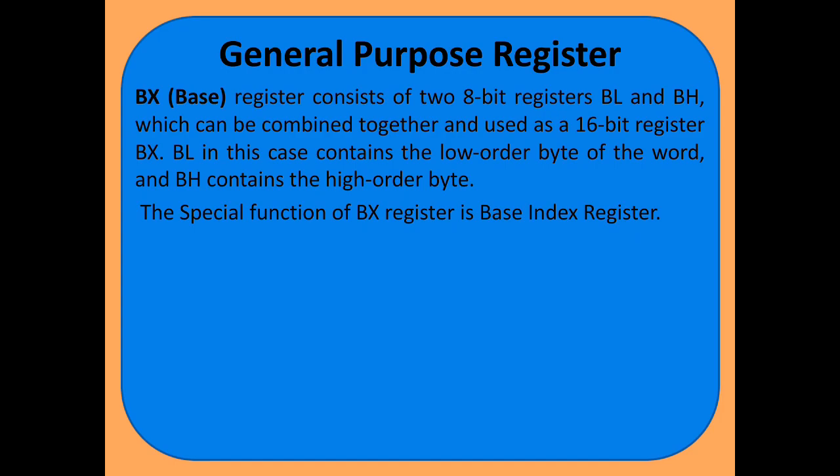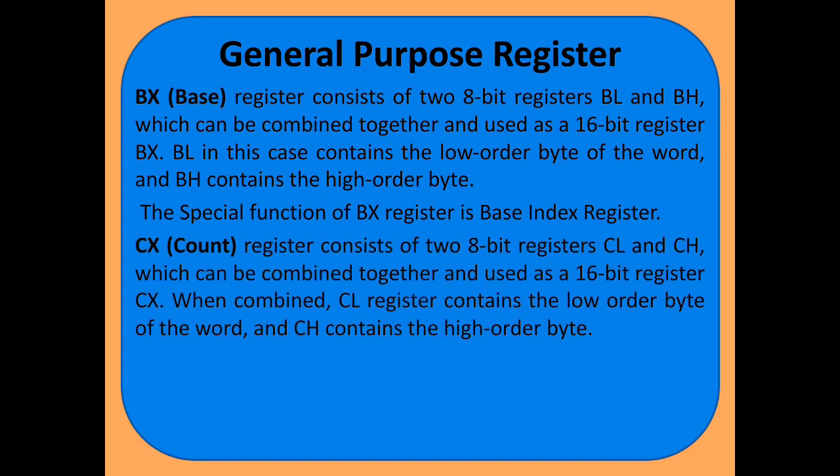Suppose a function requires three index registers, then we can use BX as the third index register. The first priority is the source index register, next we use the destination index register, and if there is a need for a third index register, we use BX.